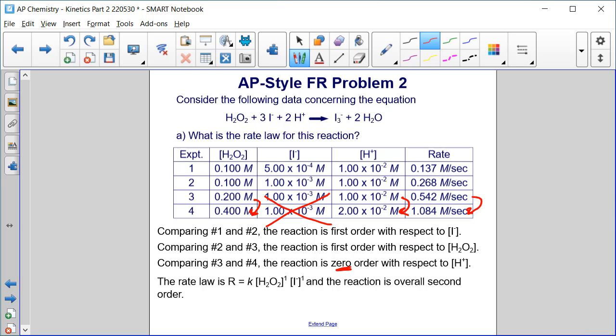Then the rate law will just be rate is equal to K times the concentration of H2O2 to the first power times the concentration of I- to the first power. And then of course we don't include the H+ because it's 0 order. And overall, the reaction is second order.